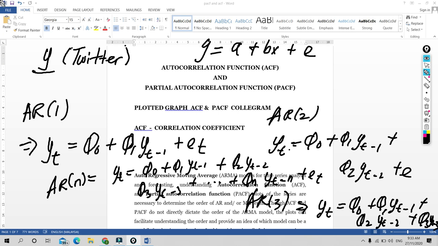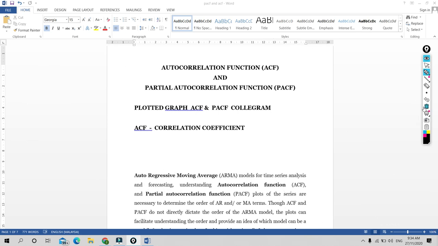Now, the correlation here, kalau kita nak tengok autocorrelation, autocorrelation is basically just a correlation between the variable here and the variables of two variables, the same time series data.